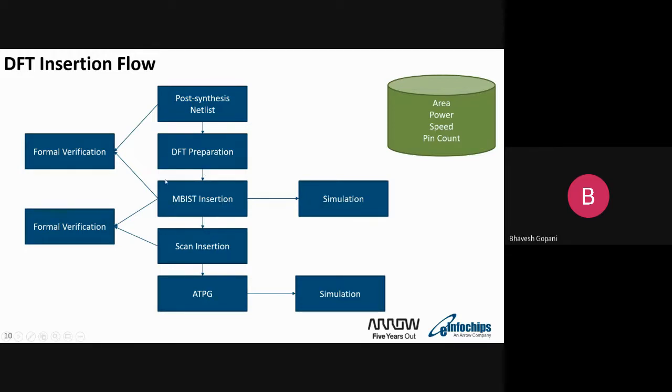Even we can say, let's say every time the synthesis netlist would be changed, because RTL is also changed during the design phase. So when the RTL is changed, the synthesis netlist is updated, and memory doesn't change normally. Memory is fixed in a chip. Once the chip specification is defined, memory is normally fixed.